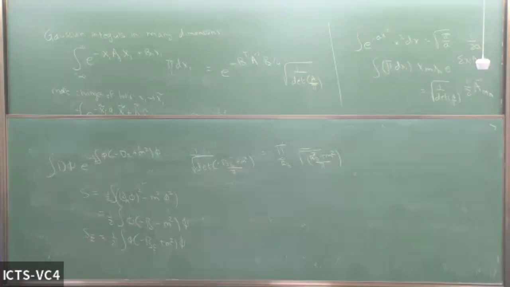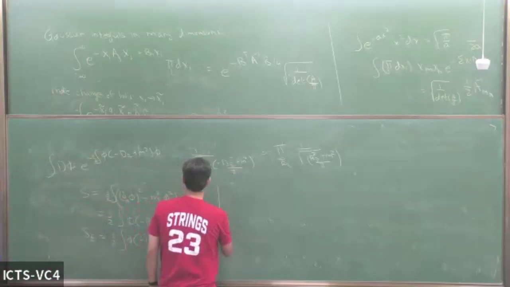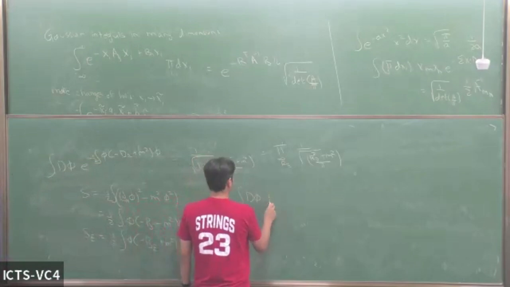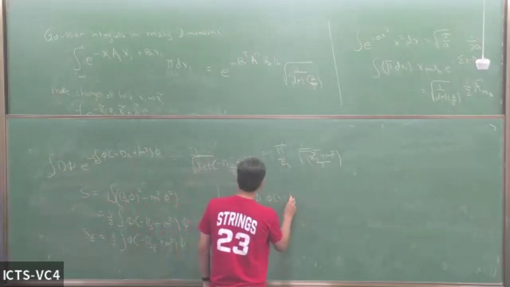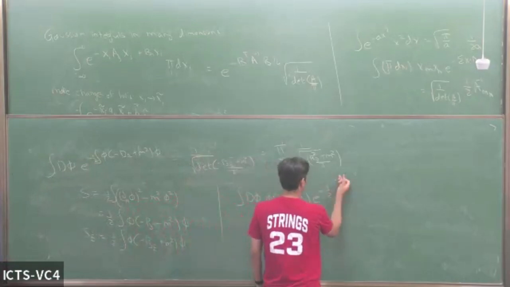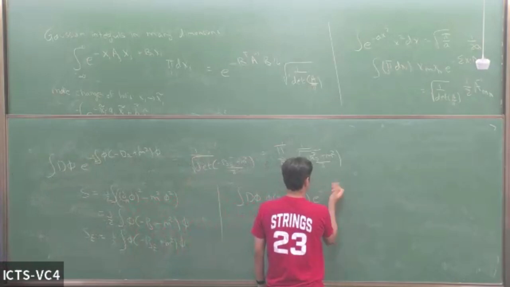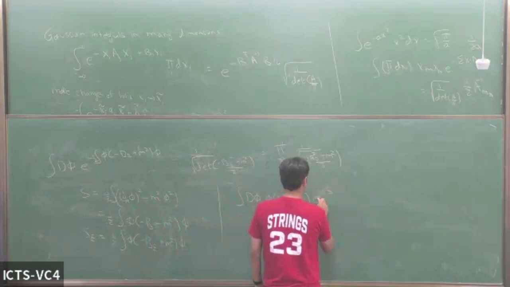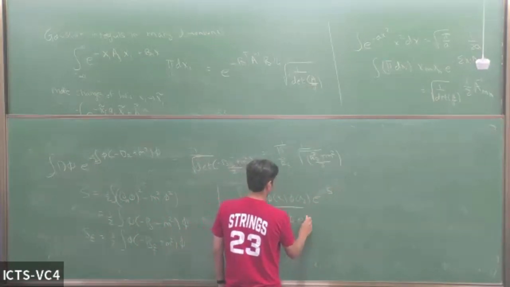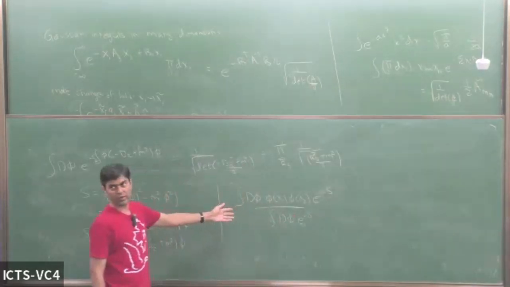Okay, good. So let's now use the second formula that we wrote, and let's compute the time ordered product. So let's ask, what happens if you try to compute the integral of d phi, phi of x1, phi of x2, e to the minus S, and we divide by the integral of d phi e to the minus S. This is the kind of answer that we wanted to compute.